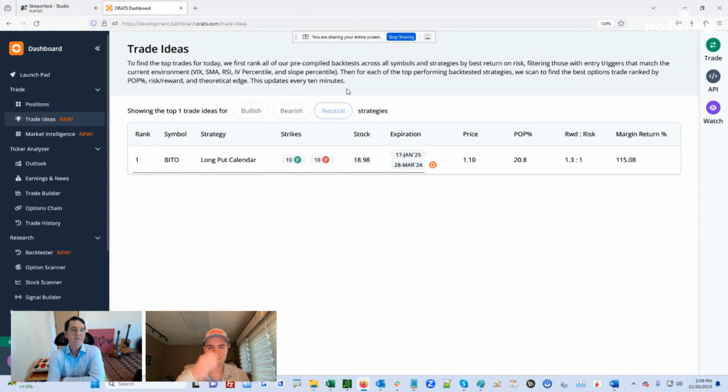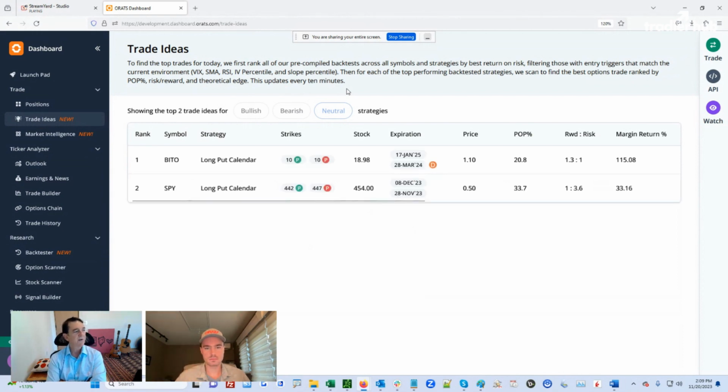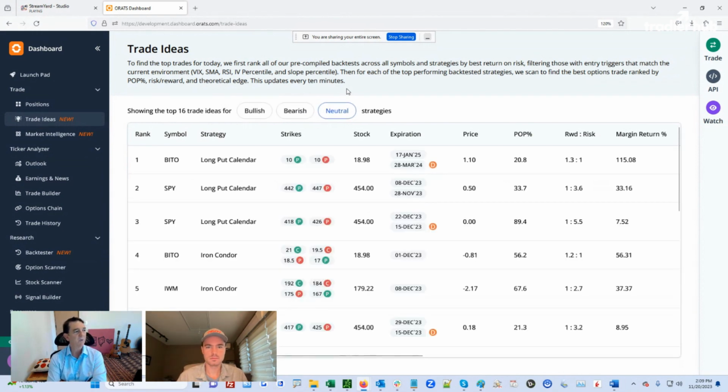We put this together because we have so many symbols now that we want to find the best strategies for the current environment that we're in right now. So this is what that's showing, and that's very powerful. The environment would be something like what level is the VIX right now?